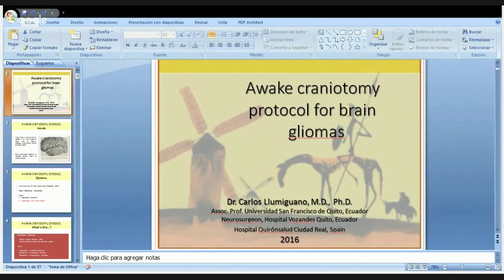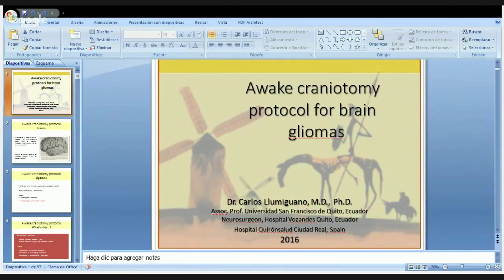So what to do in cases of lesions located in or near eloquent areas, such as speech, language, visual centers, or motor or sensory areas? What about the risk of permanent deficits of language, speech, motor or sensory function?